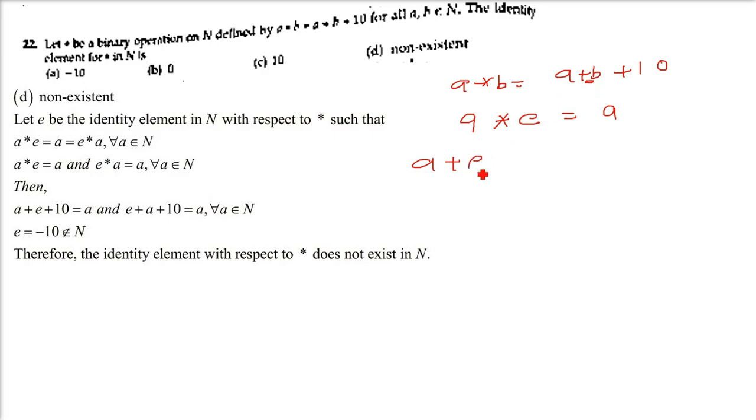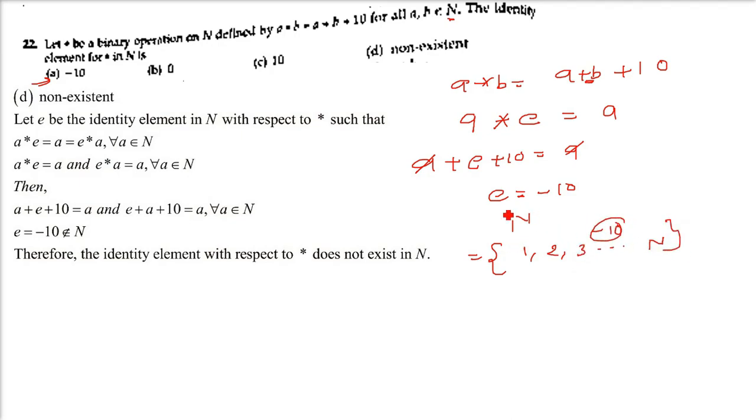So A plus E plus 10 equals A. From this expression, A gets cancelled, and taking 10 to the right hand side, you get E equals negative 10. Now this set is the natural numbers, and natural numbers are counting numbers. We don't have a negative here, and even 0 is not there in the natural numbers. Identity should belong to that set, but for this operation in the natural numbers, it is non-existent. There is no identity.